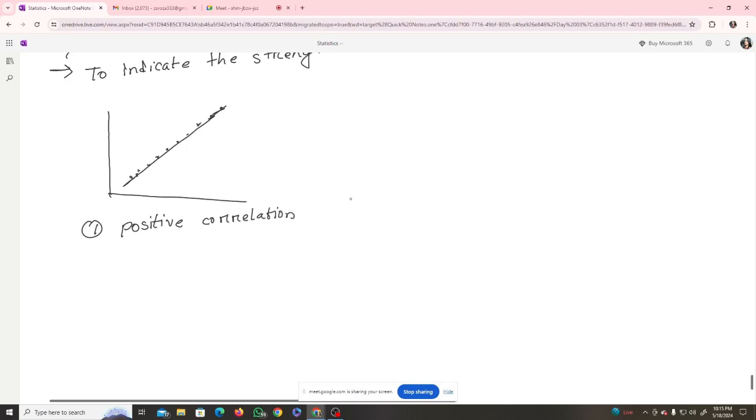And the value of Pearson's correlation coefficient, P, is almost +1. Now let's say your graph looks something like this. Again, you have a best fit line where the data points are very near to the linear equation, right?